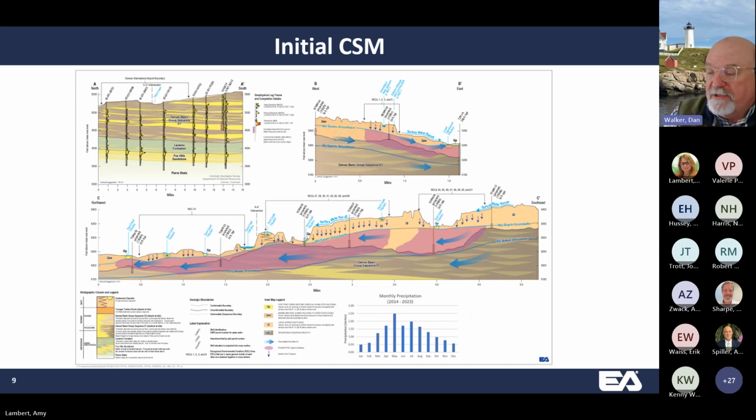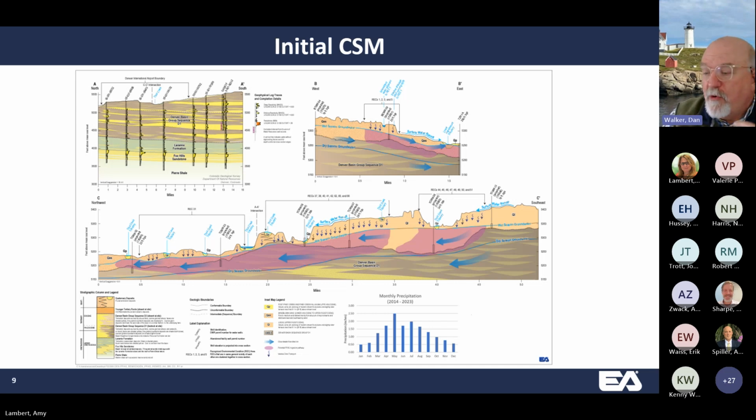This is the typical approach that we take at EA to put a conceptual site model together at the proposal stage. Significant literature review, and by significant, I'm talking about a 15 or 20 hour effort by someone like myself, utilizing data sources that are publicly available.